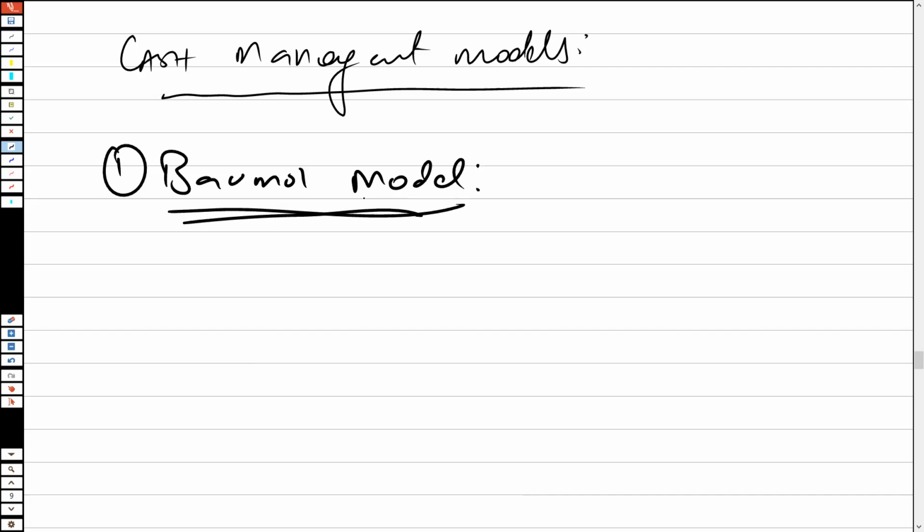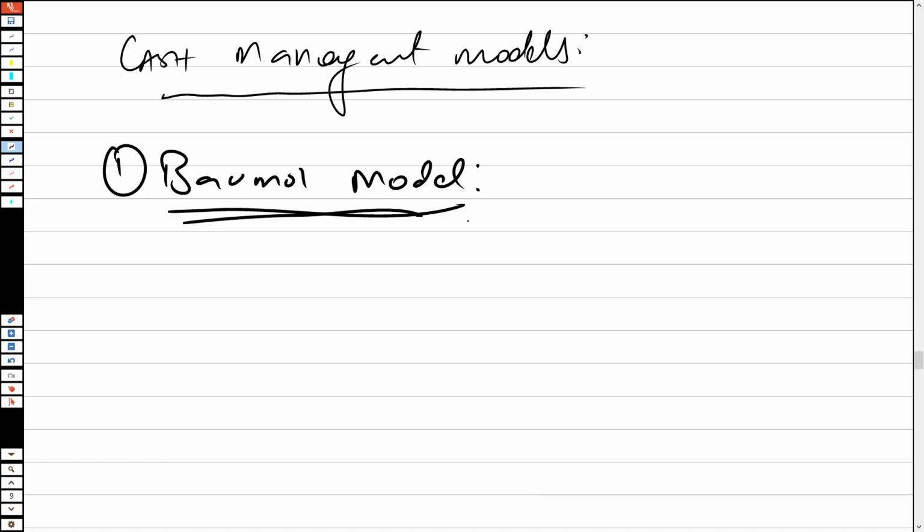The Baumol model is actually derived from the economic order quantity model. Now, what actually happens with respect to the Baumol model? Let me take you through it.